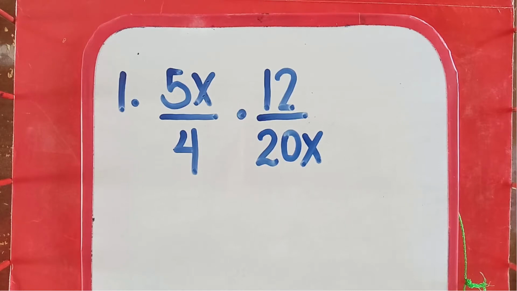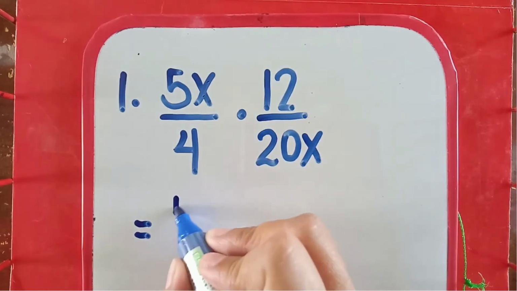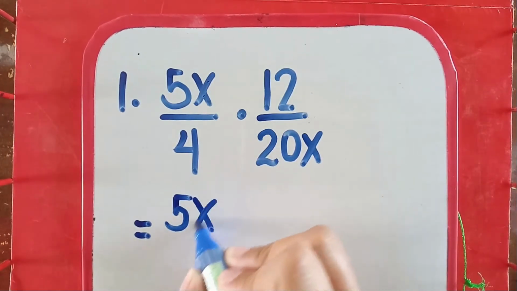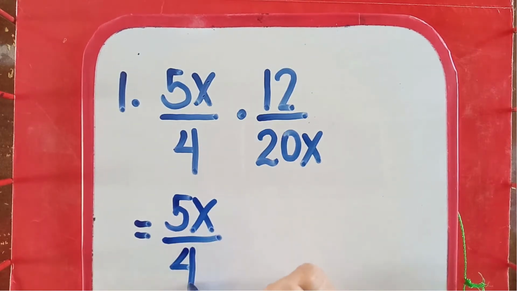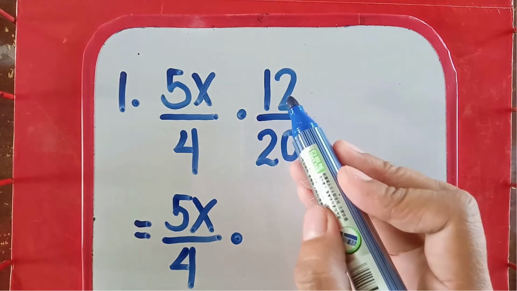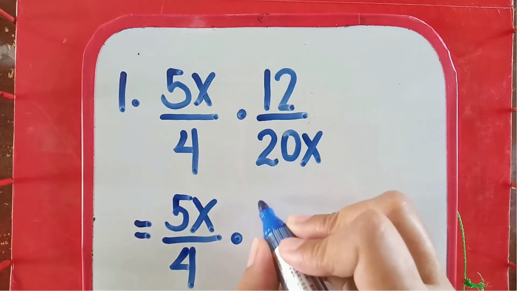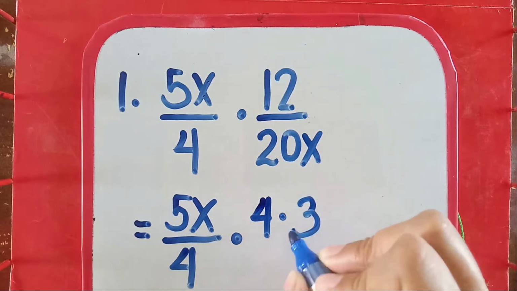Number 1. 5x over 4 times 12 over 20x. So it is equal to, okay, we will just copy 5x over, copy 4, and then times, okay, 12 can be factored as 4 times 3.